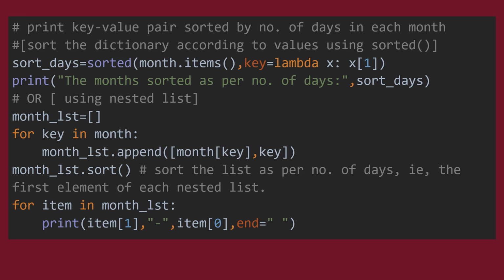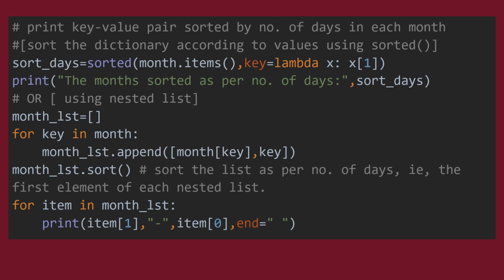So the list will be sorted according to the number of days. That means after calling the sort function, your list will contain what? First it will store 28, comma February. That is the minimum, the month having the minimum number of days. The next one is 30, then whatever month name comes, like this.